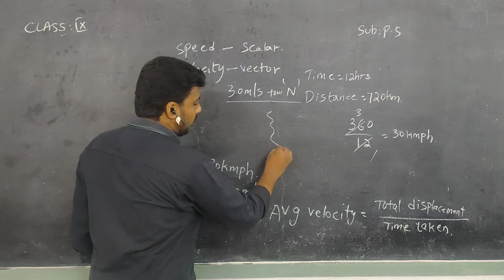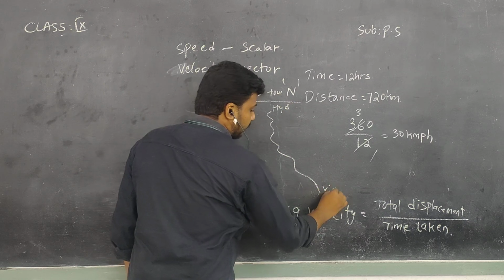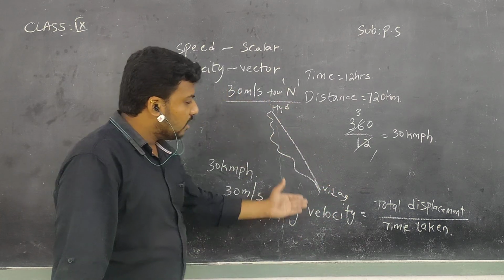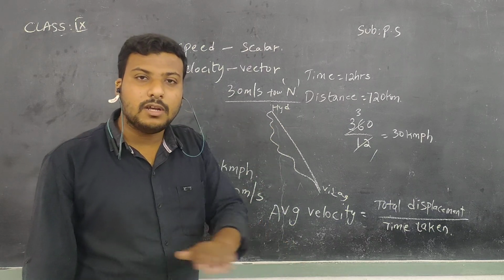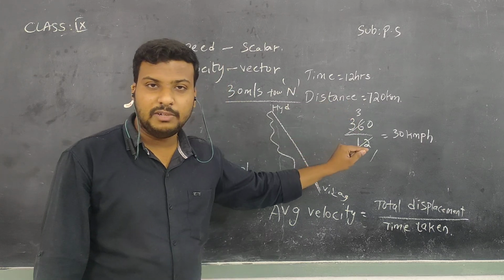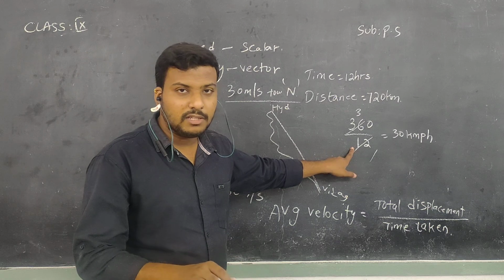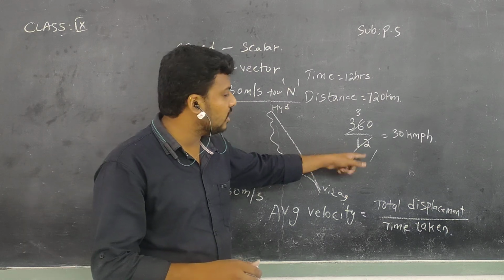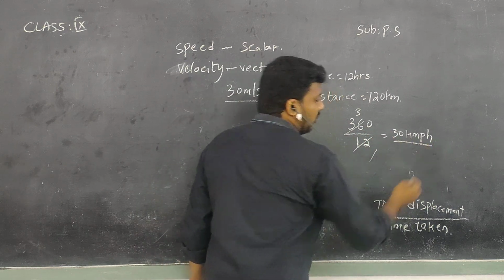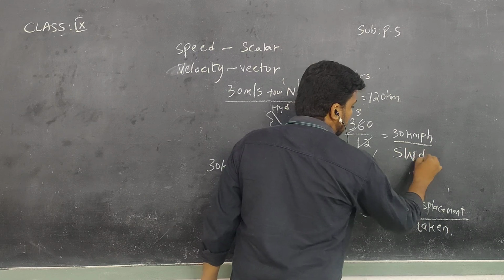So this is the actual path from Hyderabad to Vizag, but this is the displacement. So if you come under displacement, half of the distance will be reduced. So it became 360 kilometers. But the time is the same, children. Time taken by the train to reach that area is the same, 12. So 12 ones are 12, 12 threes are 36. So 30 kilometers per hour, it is moving towards the southwest direction.